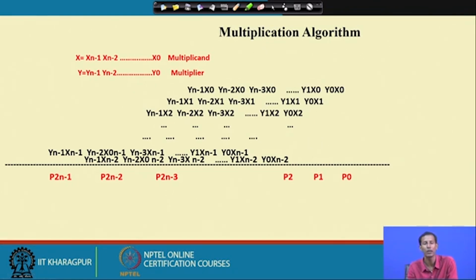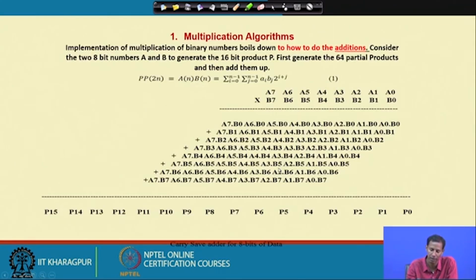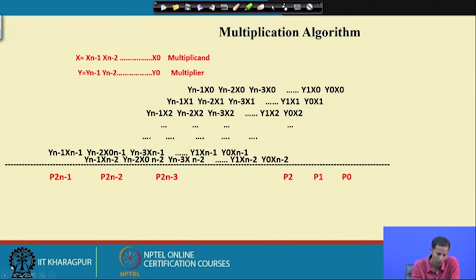So, now finally, whatever numbers I am getting after this ANDing operation, I have to add, and finally I will get the product over here.